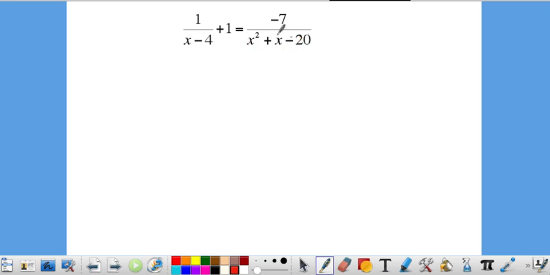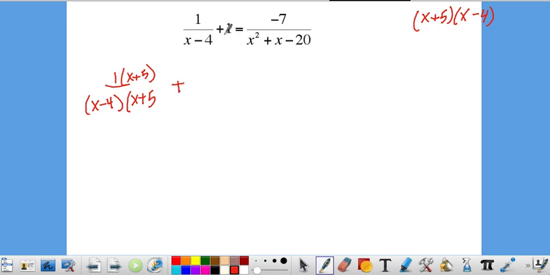I'm going to say let's factor down here first. That factors to x plus 5 times x minus 4. So our common denominator is going to be that. So we get 1 over x minus 4. Then we're going to multiply this by x plus 5 as well.